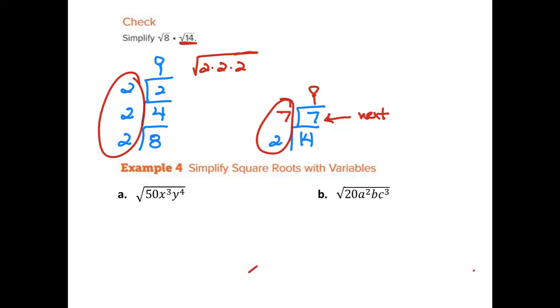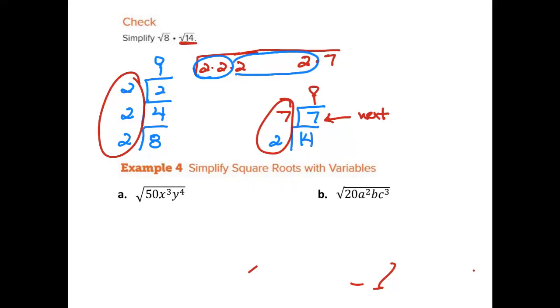So the square root of 14 is 2 times 7. So I can almost erase this part and make it all one long bar, and then find your pairs. I have a pair of 2's.